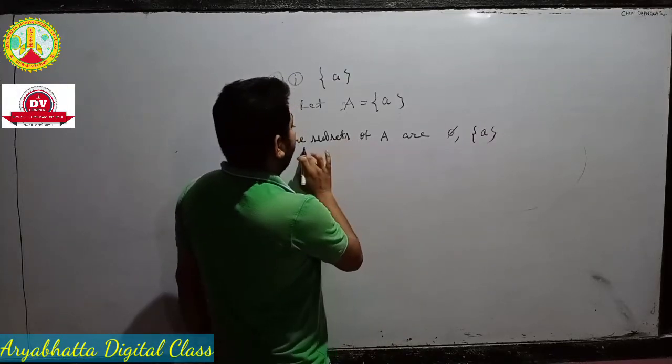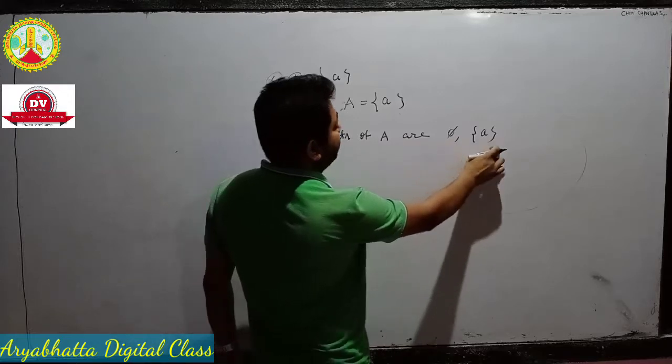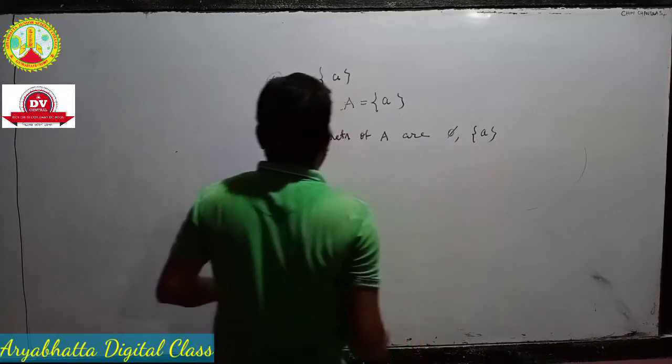Therefore, the subsets of set A are phi and set A.